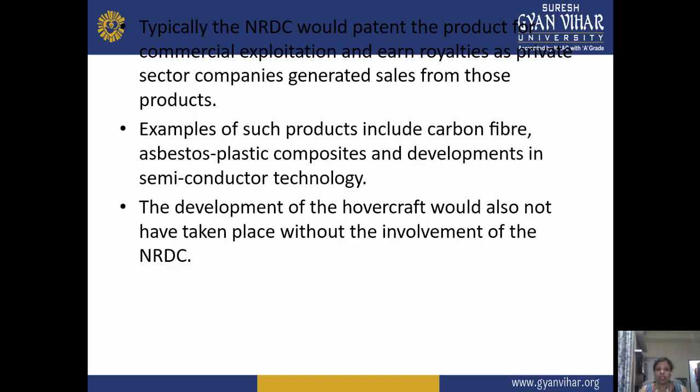So in many technologies the NRDC filed the patent and made them able to earn the royalty. And the development of the hovercraft would also not have taken place without the involvement of the NRDC.